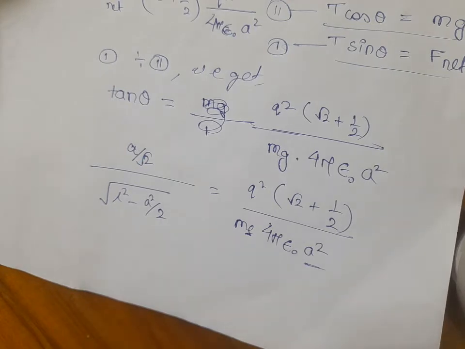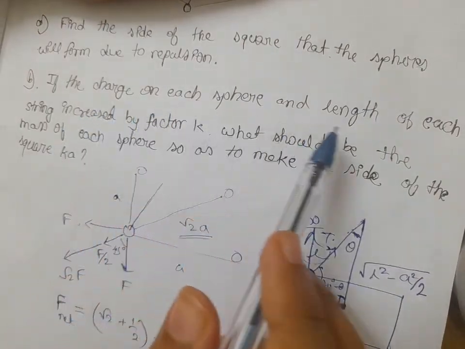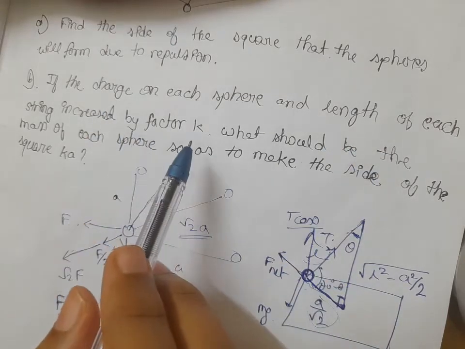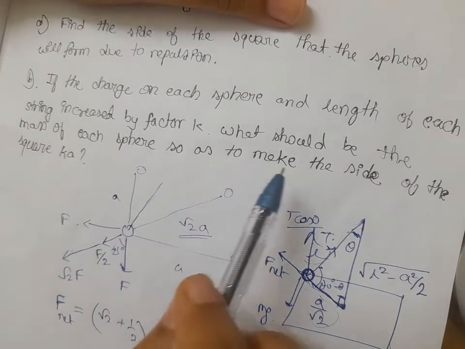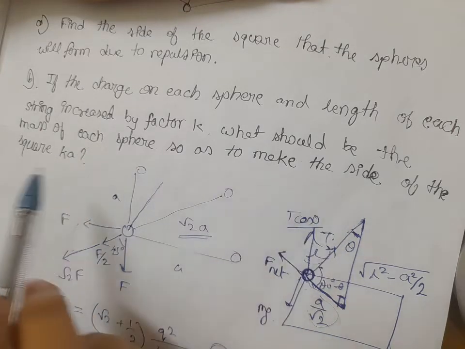And using the same equations, you will see that, okay, let me read out the second question for you. If the charge on each sphere and length of each string is increased by a factor k, what should be the mass of each sphere so as to make the side of the square kA?